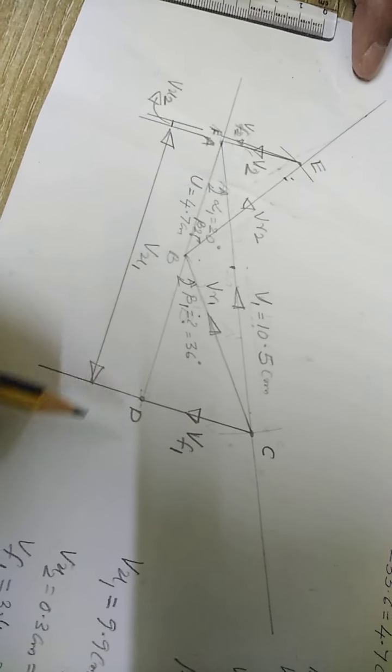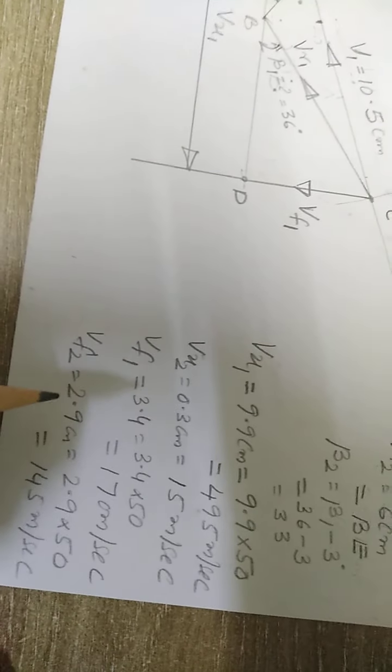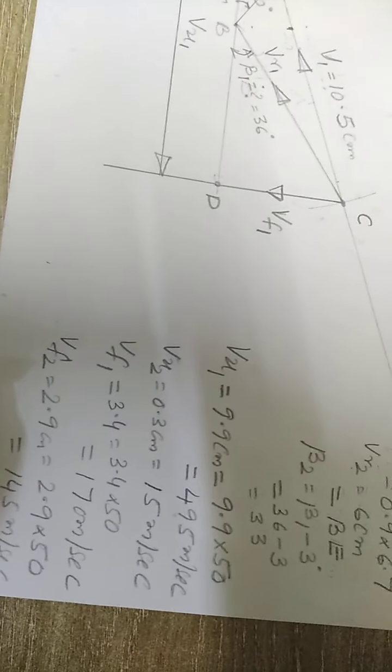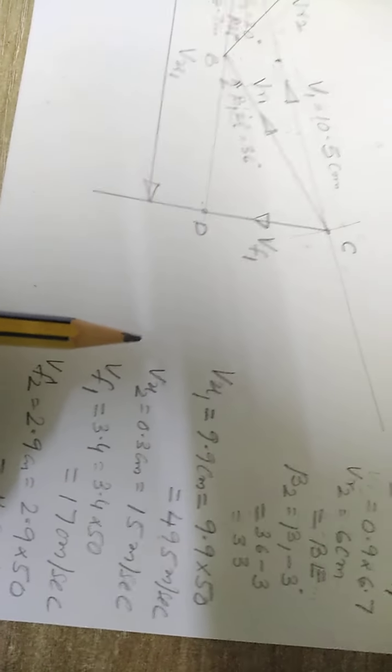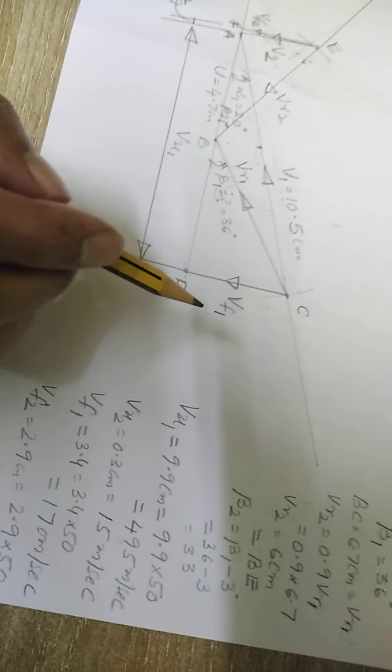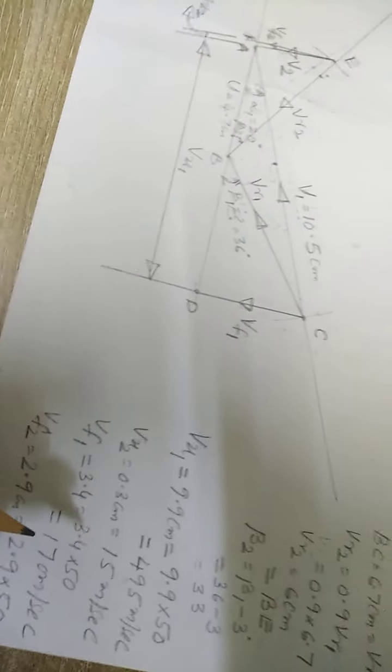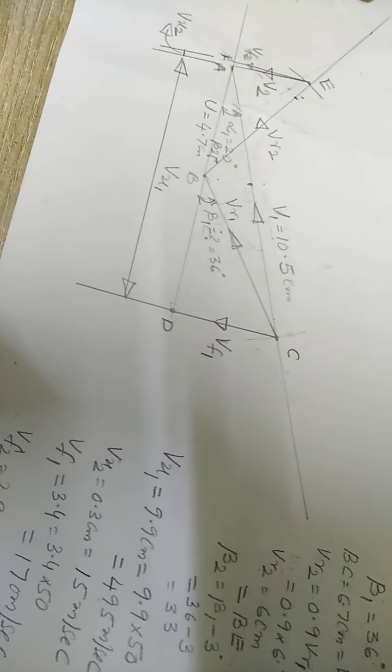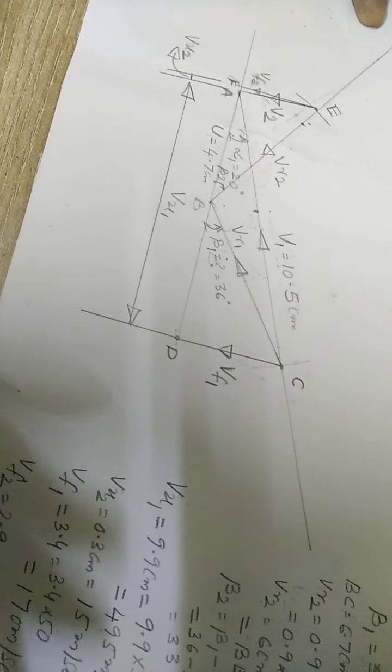So these VU1, VU2, VF1, VF2, VR1, VR2, beta 1 and beta 2, all these values you have to substitute in the formula according to the requirement and calculate what we needed.